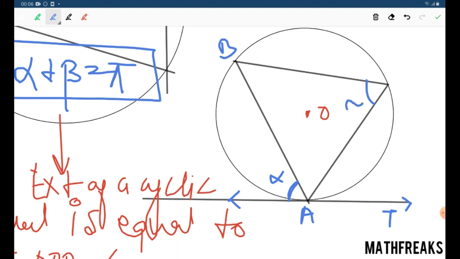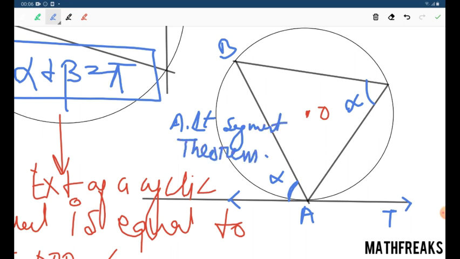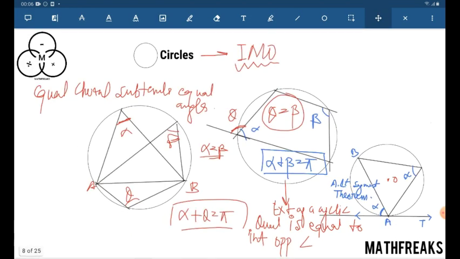That is, this is also alpha, and this is called the alternate segment theorem. Everything is clear.